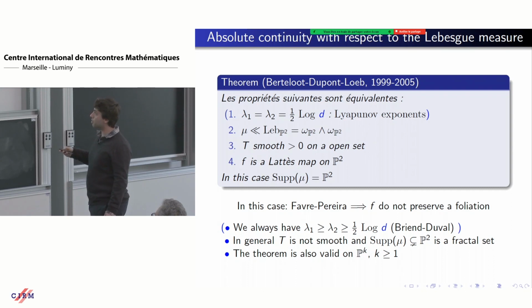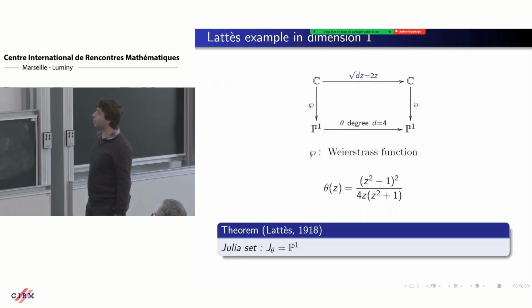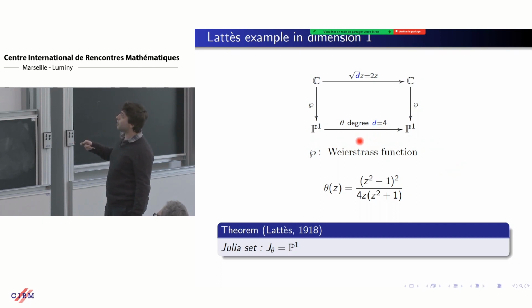Okay, but just before, let me give you a definition about lattice map. So lattice mappings can be defined as follows. So here I give you an example in dimension 1 because I will take a lattice map of 1 dimension in the rest of the talk. So the definition is the following. So if you take a rational map theta of degree d, then it is lattice if you can lift it to some affine map. So here it is linear.